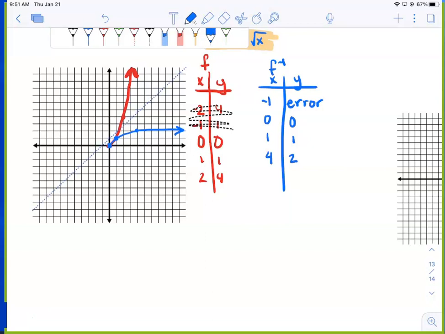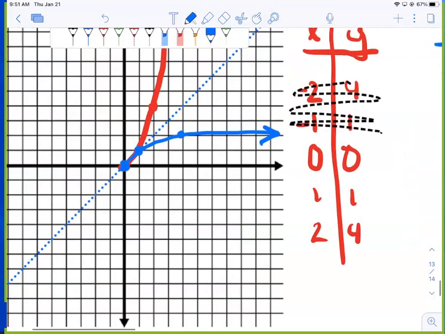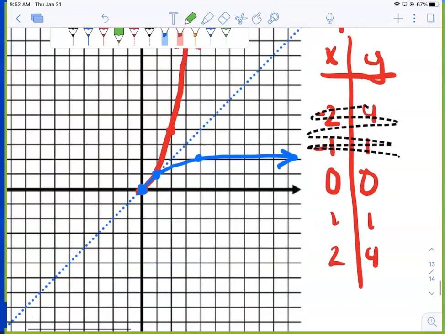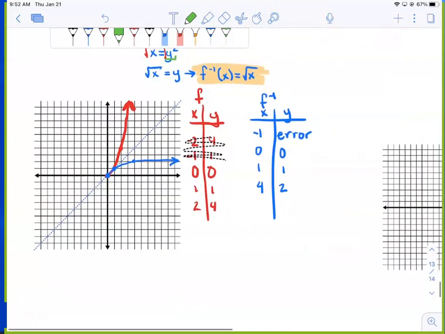And you can see that here. This dotted blue line is y equals x. You can see that these are reflections over it. So this distance is the same as this. You guys see that? Think of that dotted blue line as a mirror and then the reflection on the other side. So that's just a verification that in fact that's true.